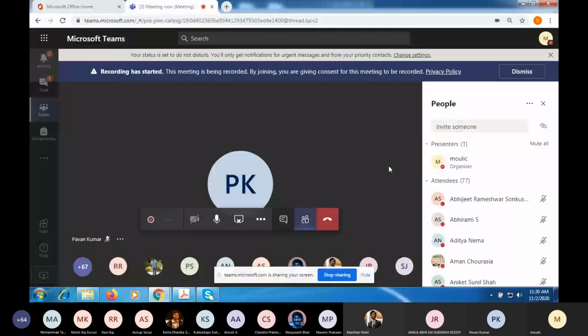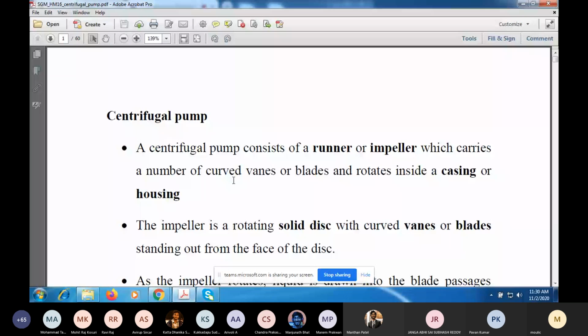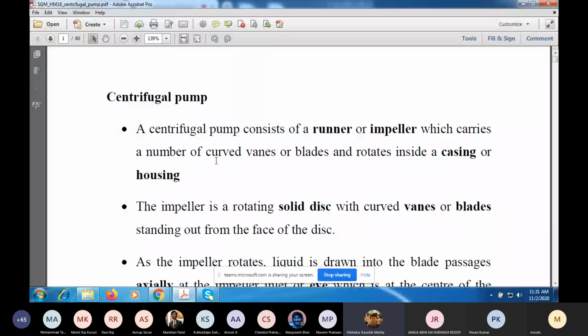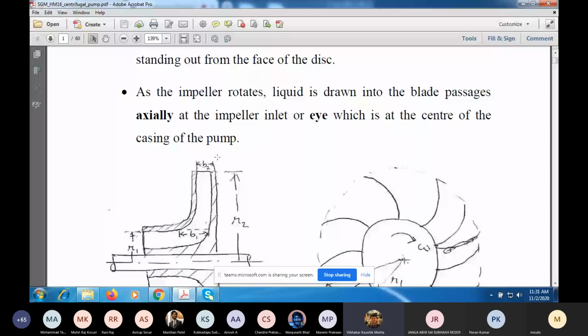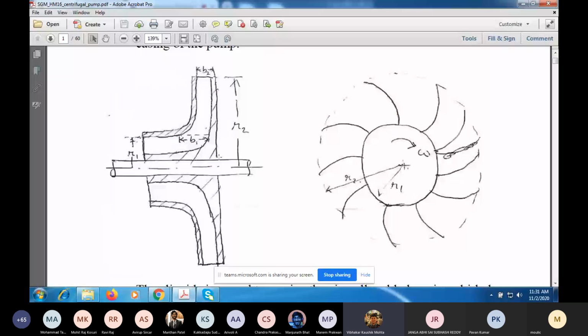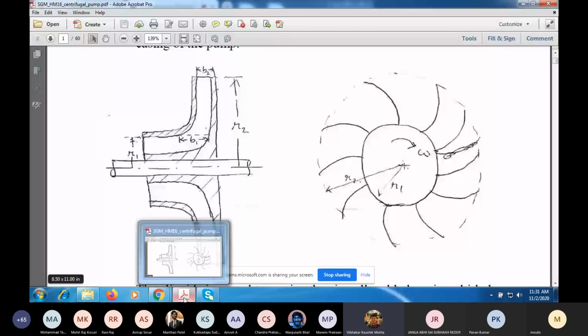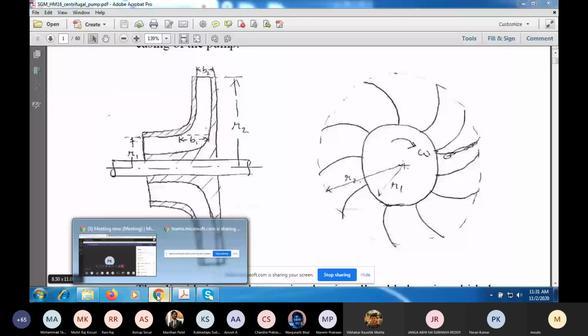All right. Now we look at another important topic, which is on the centrifugal pump. Any queries? Okay.